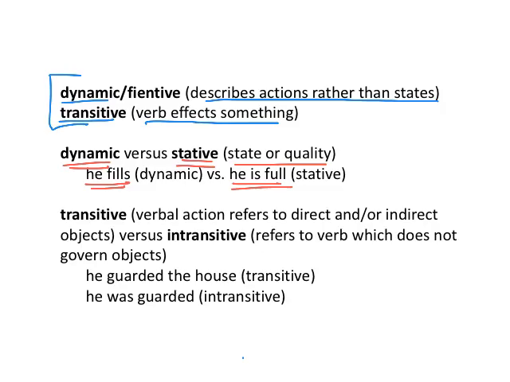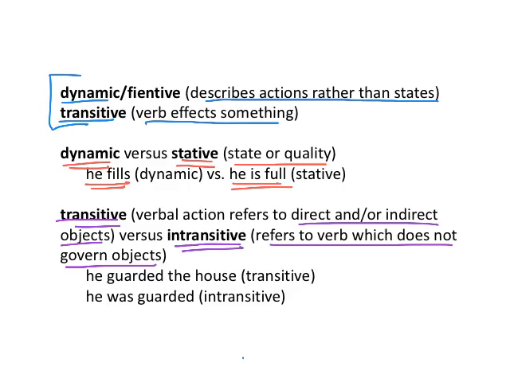Now, transitive gets juxtaposed over and against intransitive. That is, where transitive refers to how direct or indirect objects are affected by the verbal idea, intransitive refers to verbal ideas which do not govern objects.